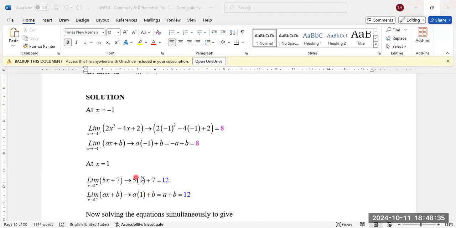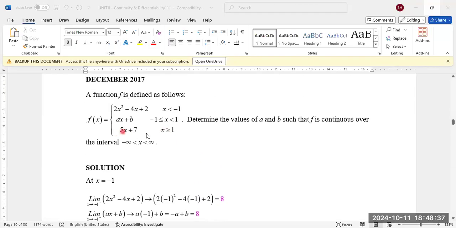So when I look at my function here, this one is going to go to the right of +1. To the right of +1, it's going to be 5 times 1 is 5, plus 7 is 12. That means the limit is going to 12. That means to the left of +1, in order for the function to be continuous, it has to also be going to 12.